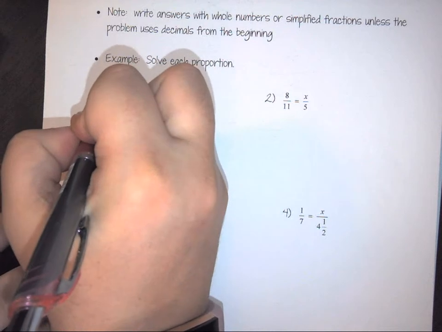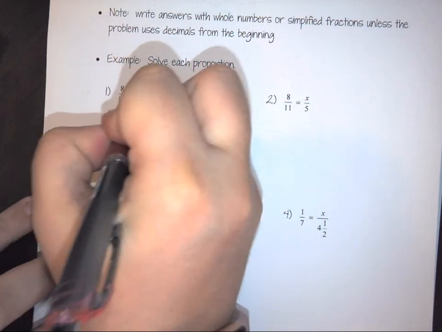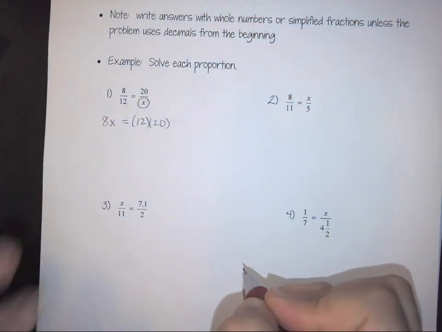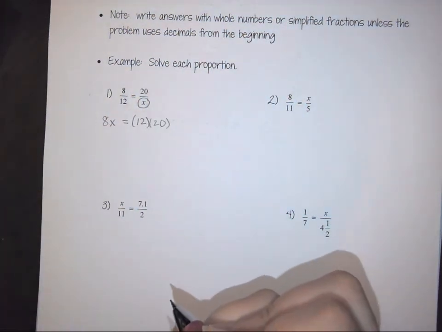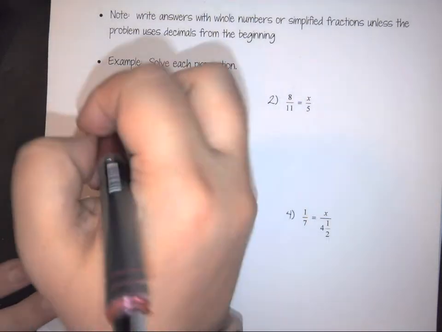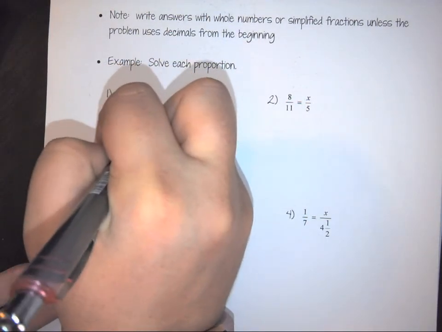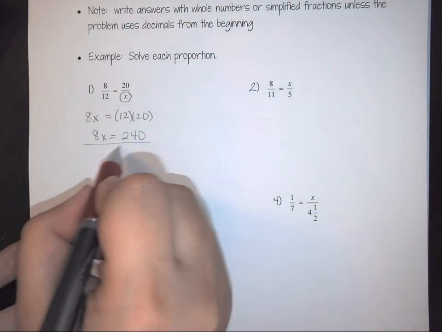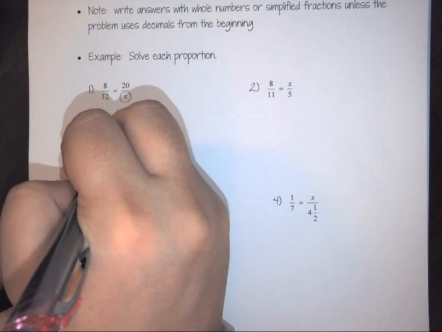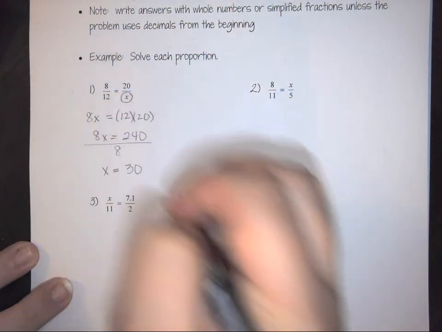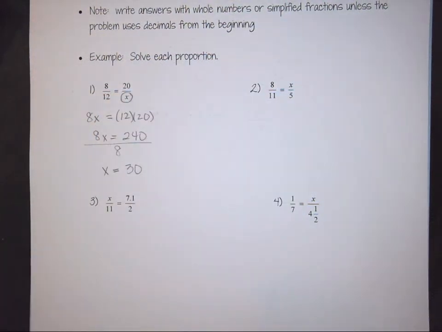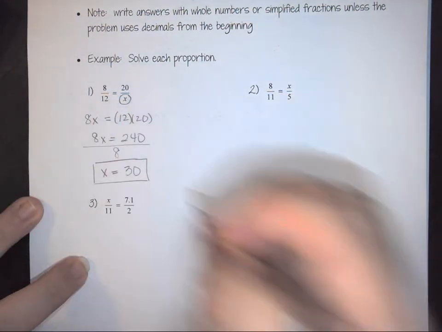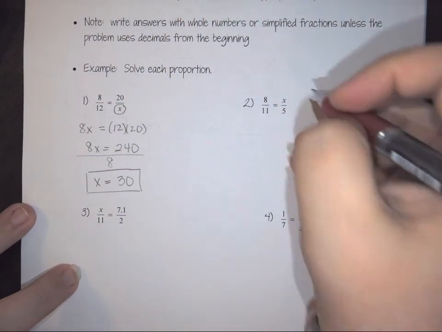So this is going to end up being 8 times x is equal to 12 times 20. 12 times 20 is going to give us 240. So I have that 8x equals 240. I need to get x by itself, so I'm going to divide everything by 8, and we end up with x being 30. So that is solving. This is the answer we wanted. Again, let's do it again.